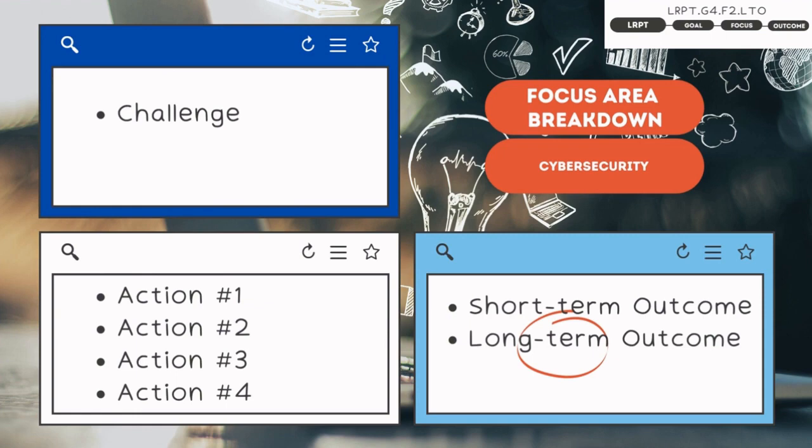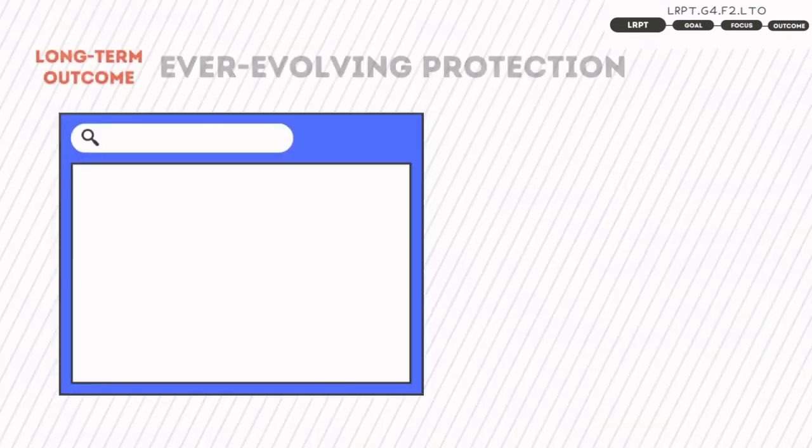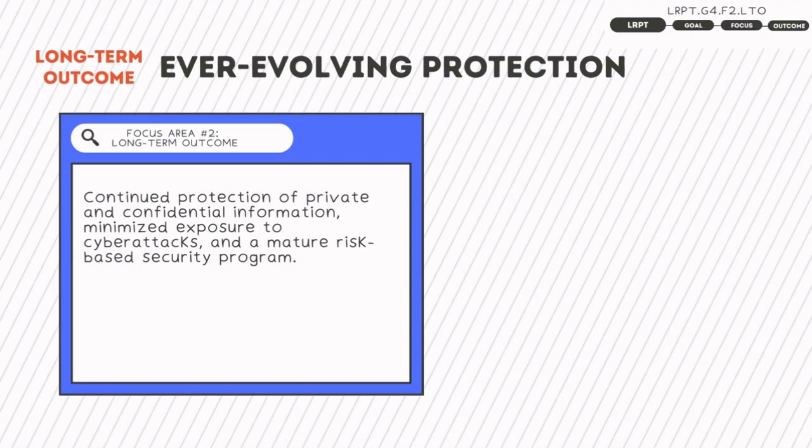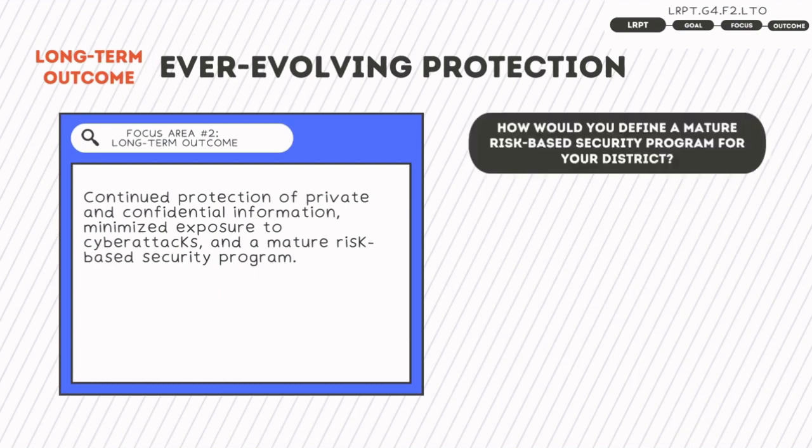Lastly, let's review the long-term outcome. The long-term outcome of this goal is continued protection of private and confidential information, minimized exposure to cyber attacks, and a mature risk-based security program. How would you define a mature risk-based security program for your district?